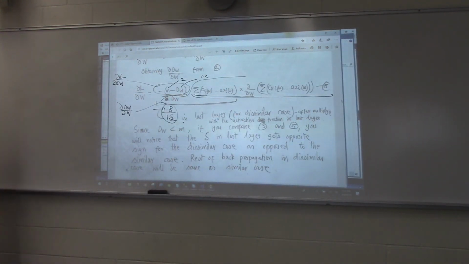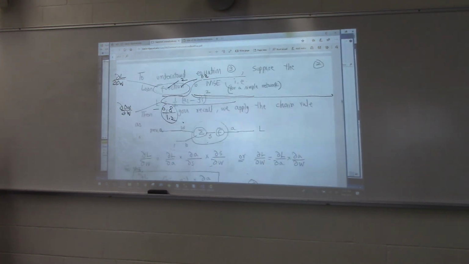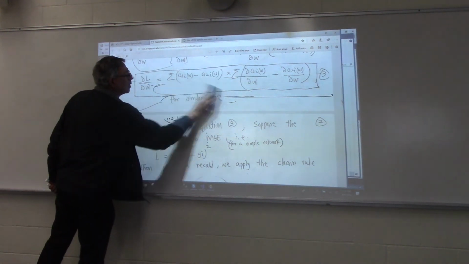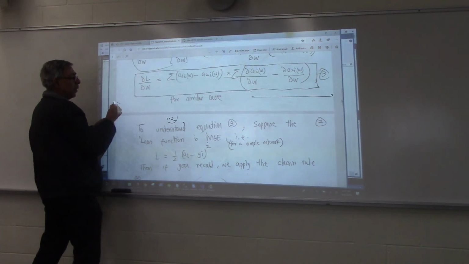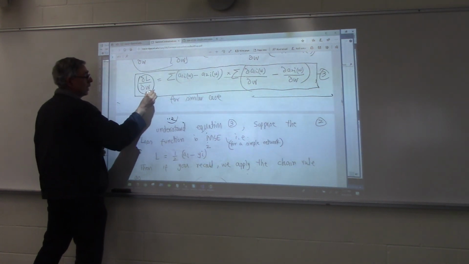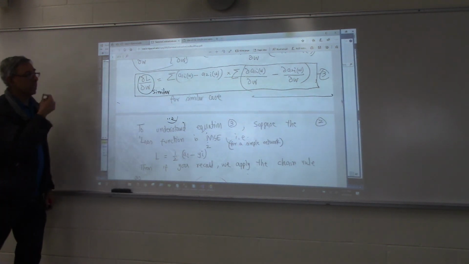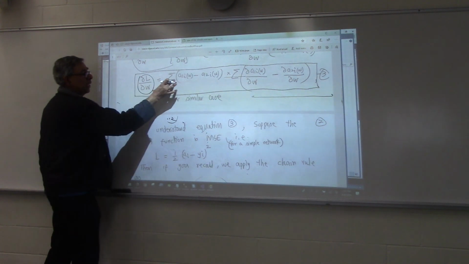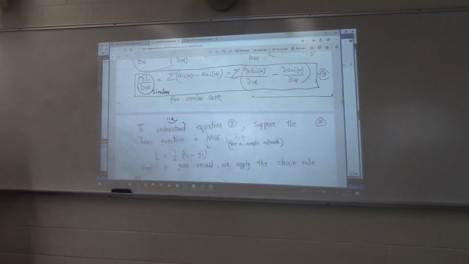So let me quickly show you the previous case. Okay, this was our partial L over partial W for the similar case. Everybody agreed? Now for the dissimilar case, compare this equation to what I just showed you.